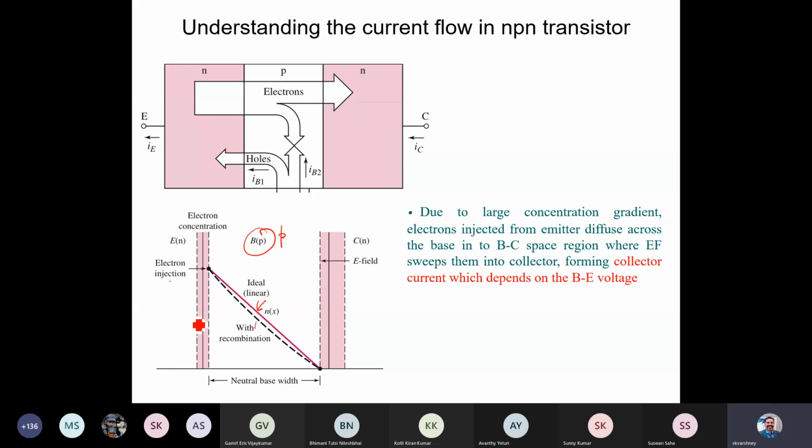And if we look into the case for p type, that's for the minority charge carriers.